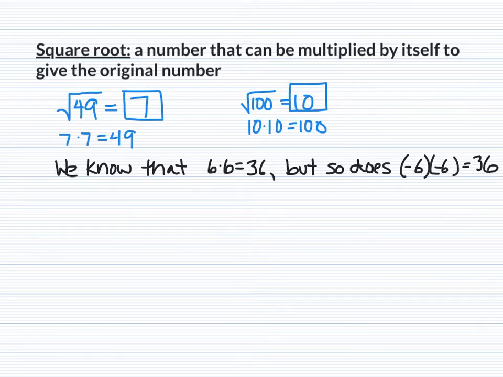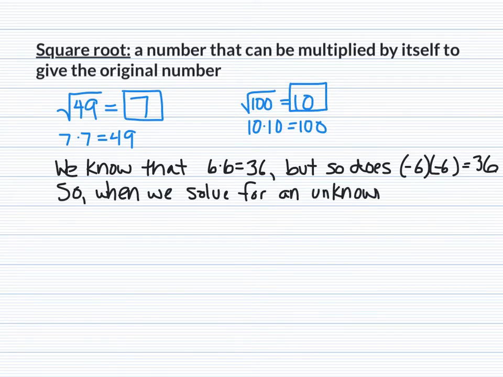So when we solve for an unknown, like x, or any variable, there are always two solutions.